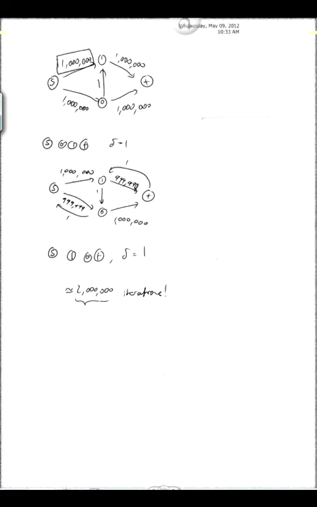So let's make that a little bit more explicit. In each iteration, Ford-Fulkerson increases the flow by at least 1.